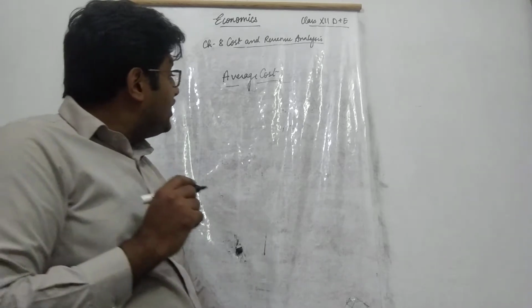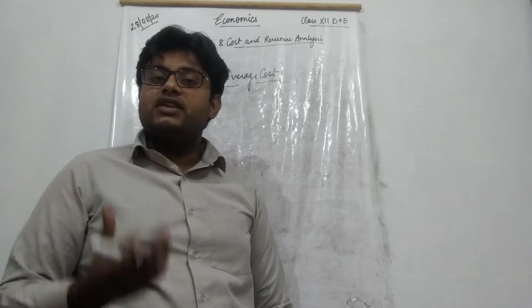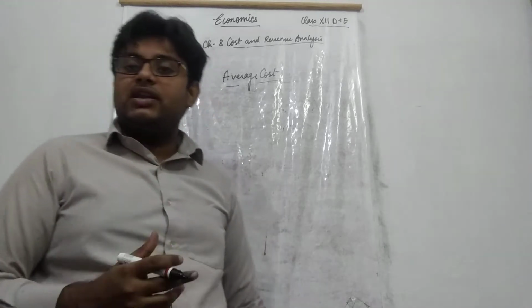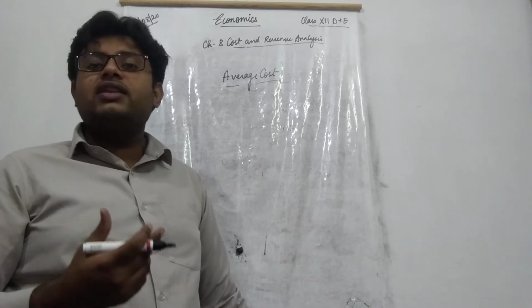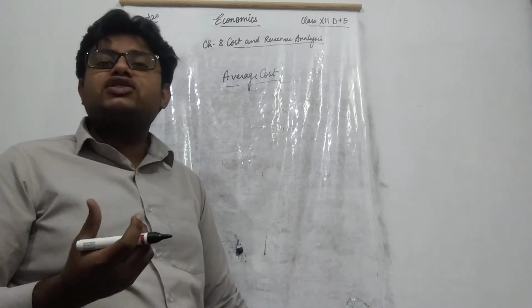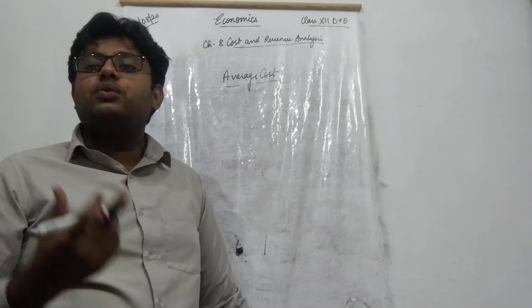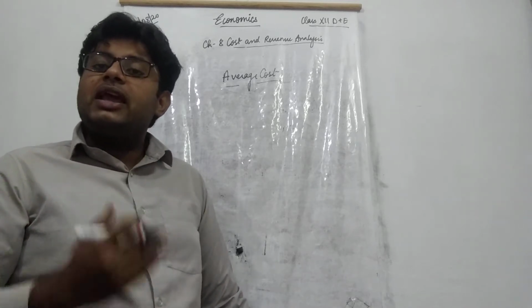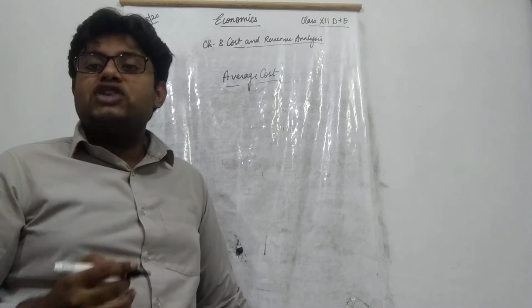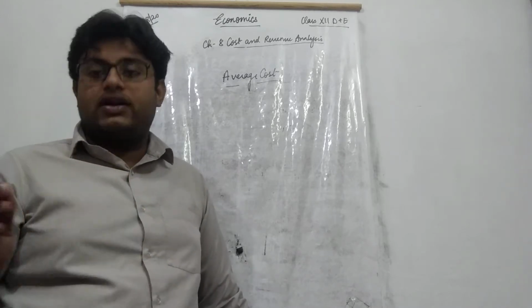Alright, the concept of average cost is similar. When we divide the total cost, or the total fixed cost, or total variable cost, by the level of output, then we are able to measure the per unit cost.